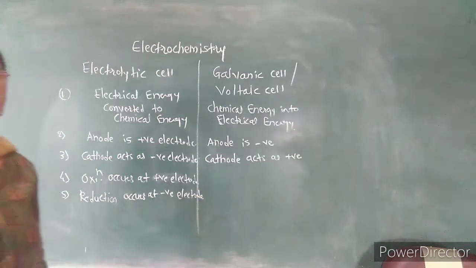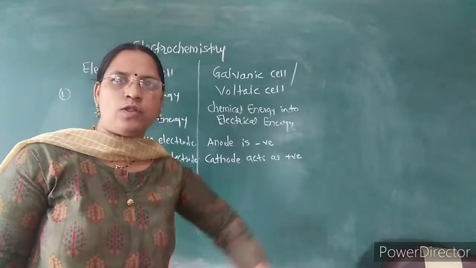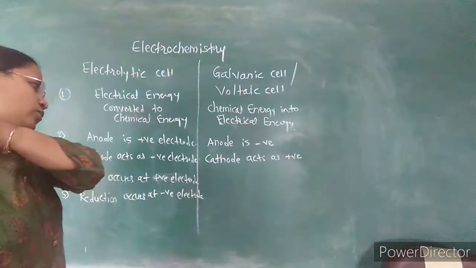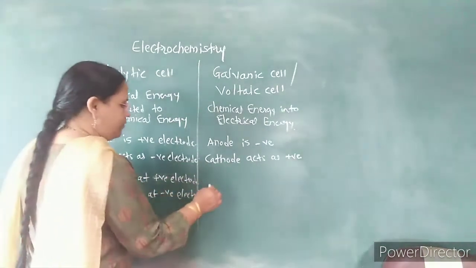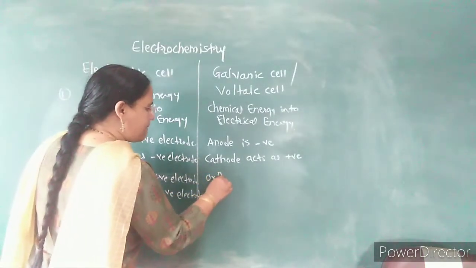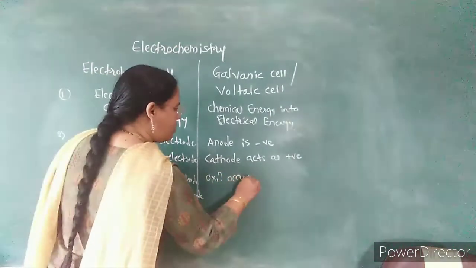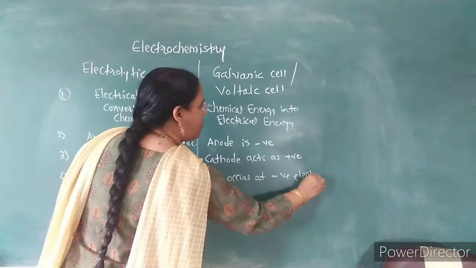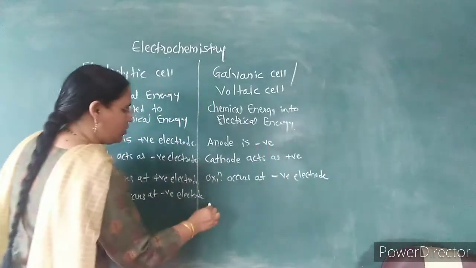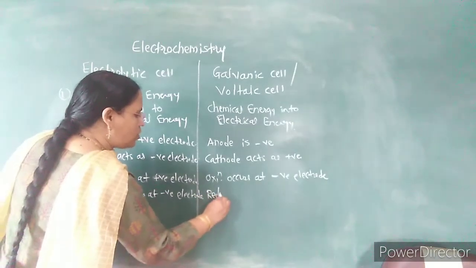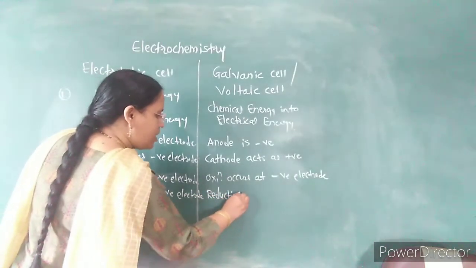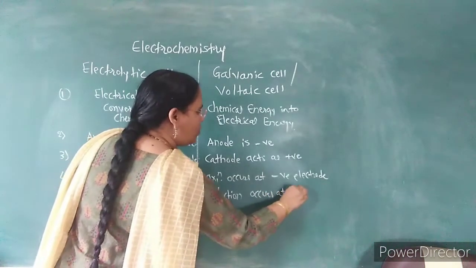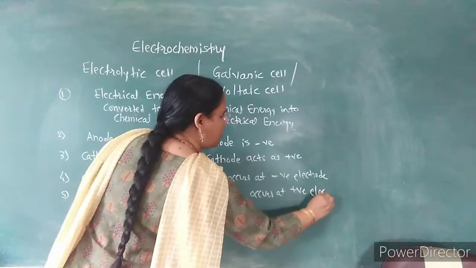So non-spontaneously, electrons are forcefully removed from the anode and electrons are gained at the cathode, which is the negative electrode. While here in galvanic cell, oxidation occurs at negative electrode, because here anode is negative, while reduction occurs at positive electrode.